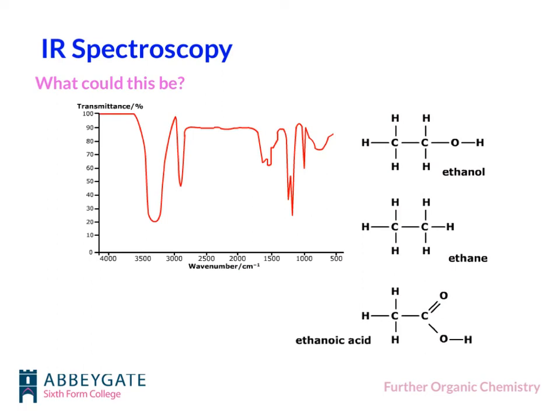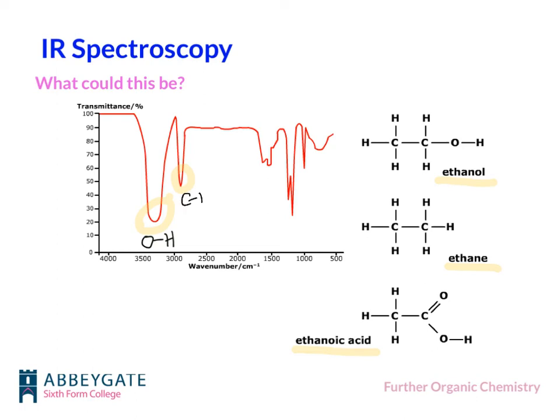So let's have a look at this spectrum where we're told it's potentially either ethanol or ethane or ethanoic acid. So we need to look at the spectrum and look for our characteristic signs of what kind of bonds it's got. So we can see we've got our broad peak here, which we know is going to be due to an OH bond, and we've got this peak here, which you'll see in pretty much every single organic molecule.